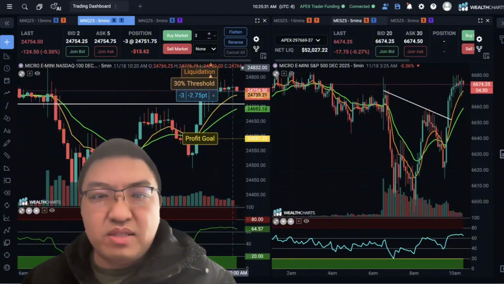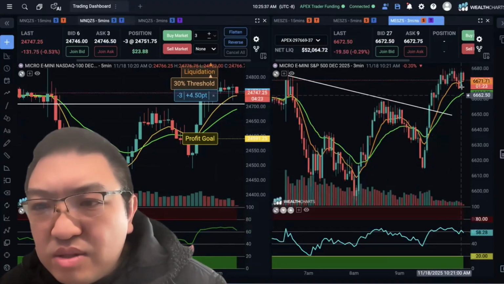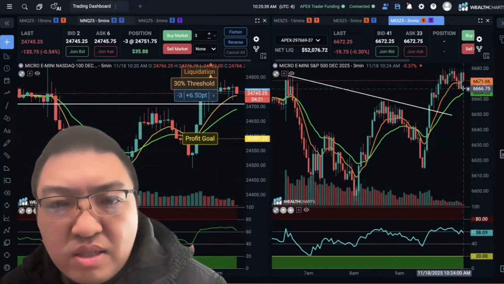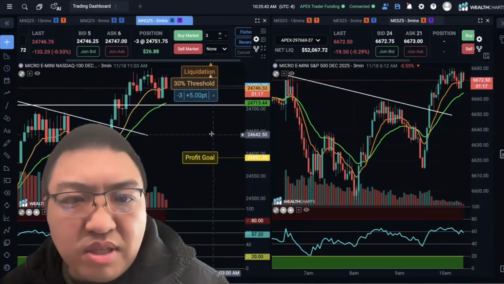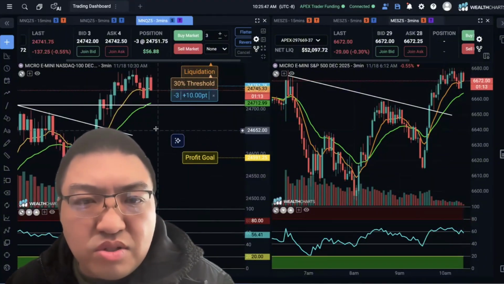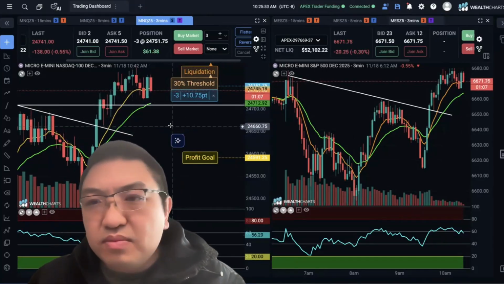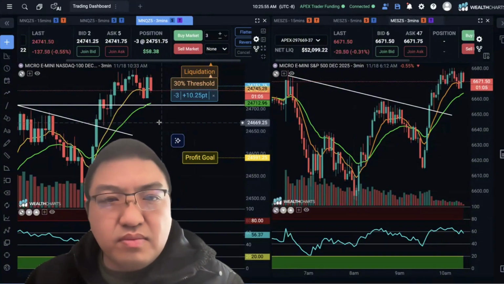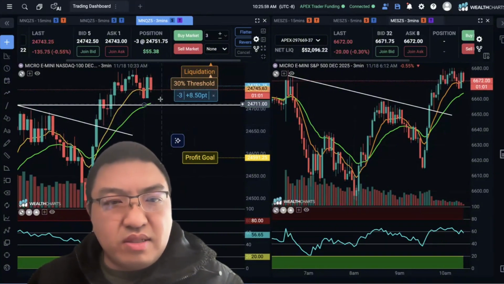Okay, the seller makes the third attempt. See if this time we can break out. Let's see ES 3 minute. Oh, I don't see any divergence. Truth is, I don't see any divergence. Yeah, it still looks like it's sideways.